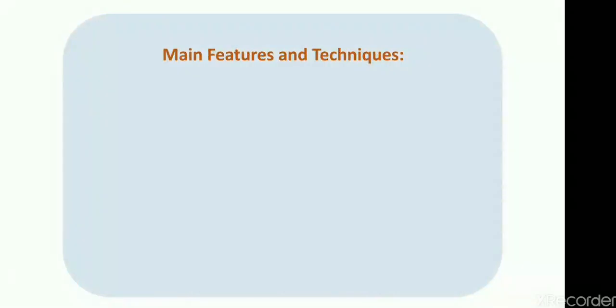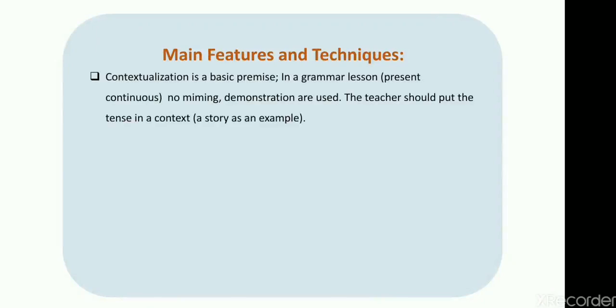For the main features and techniques of communicative language teaching approach, contextualization is a basic premise. So when teachers using this approach want to present a grammar topic, for example, present continuous, the teacher here will not just mime the action of walking and ask, what am I doing? Am I walking?